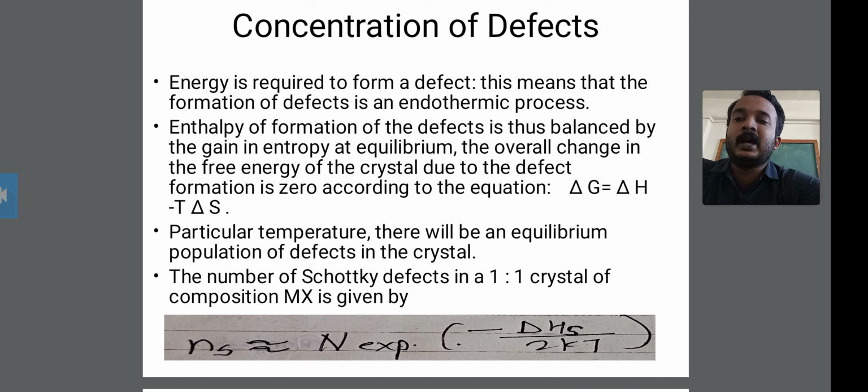This means that the formation of a defect is an endothermic process, because energy is required to form it.